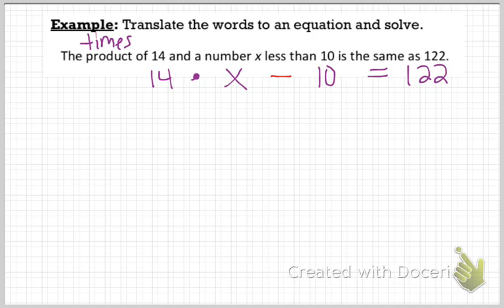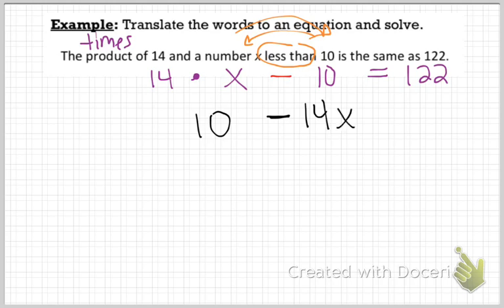Now be careful. Less than means we have to turn it around. It's a turnaround word. So I'm going to rewrite what I have here. 10 goes first, minus 14 times x, so 10 minus 14x is equal to 122. And we're going to solve.